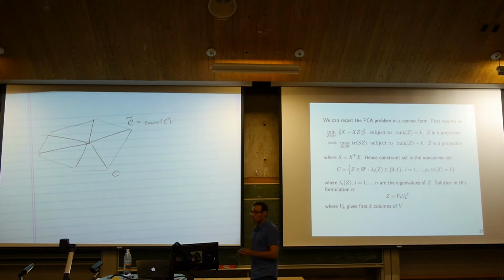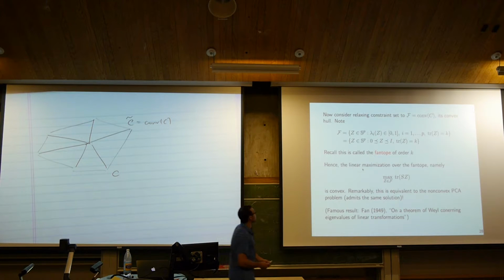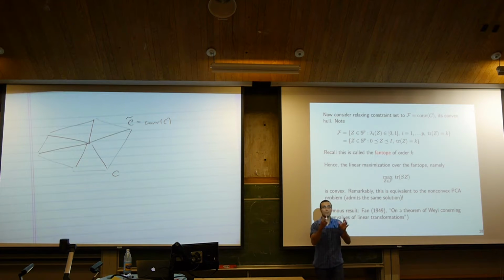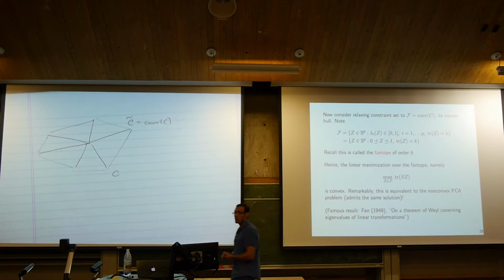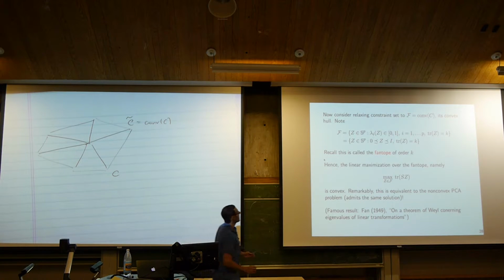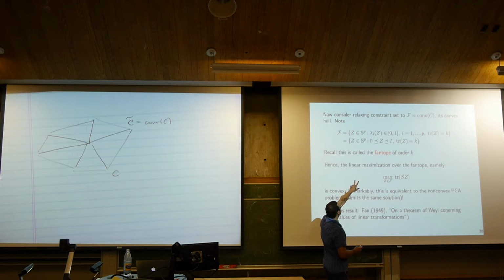So the convex hull of this set is the set of all matrices such that they're symmetric, they have trace equal to k, and each eigenvalue is in the interval 0, 1. That's the convex hull. And another way of writing that, remember we know how to talk about an ordering on matrices using positive semi-definiteness, is 0 less than or equal to Z less than or equal to I. Every eigenvalue is between 0 and 1.